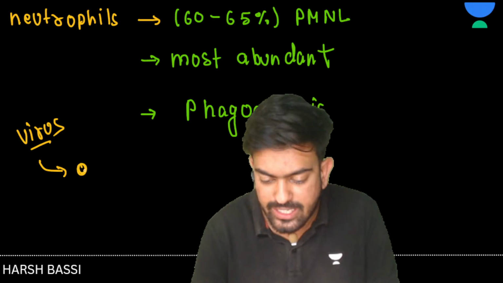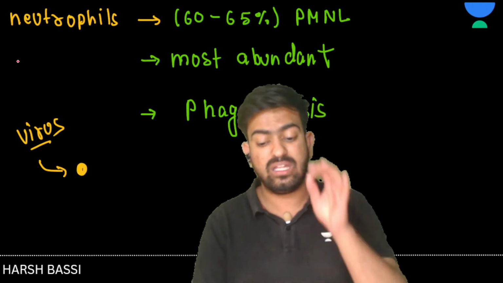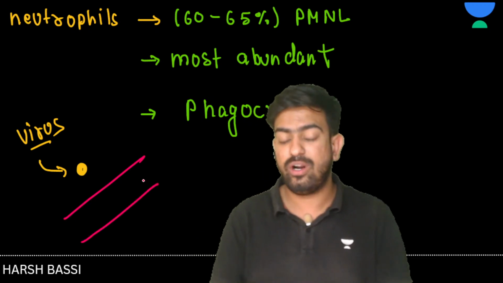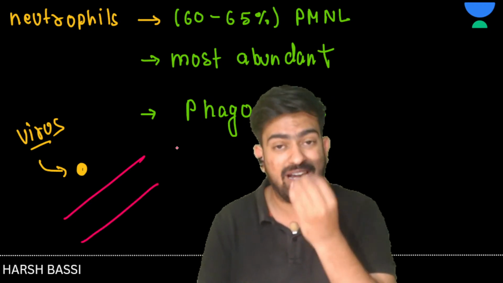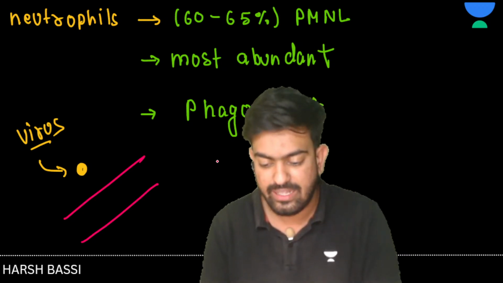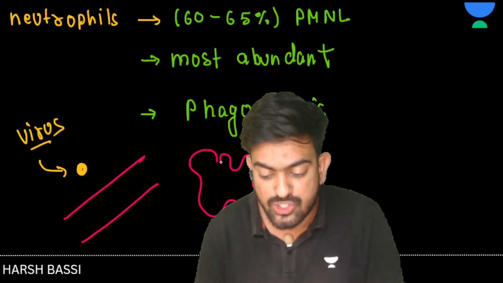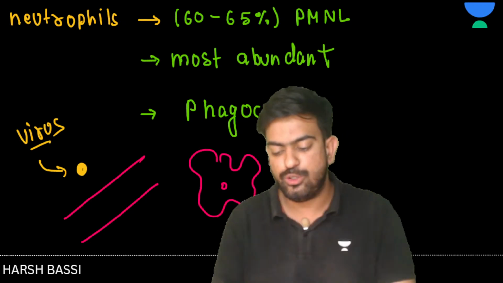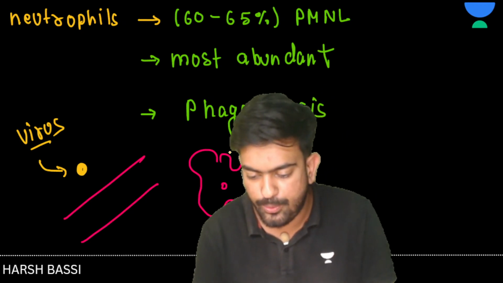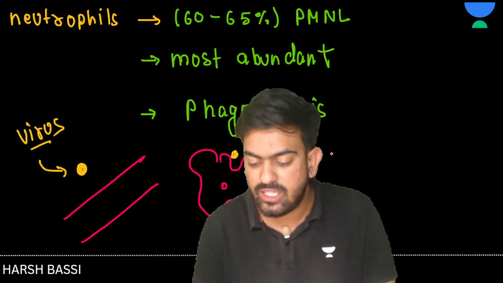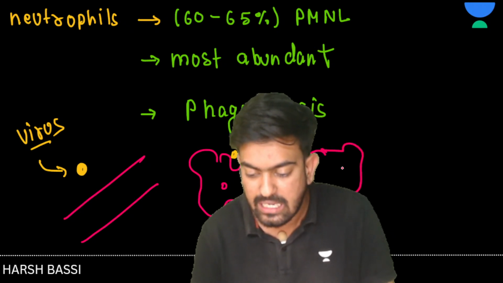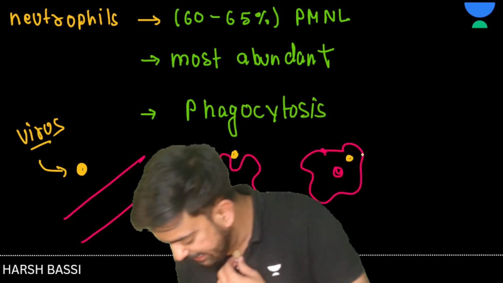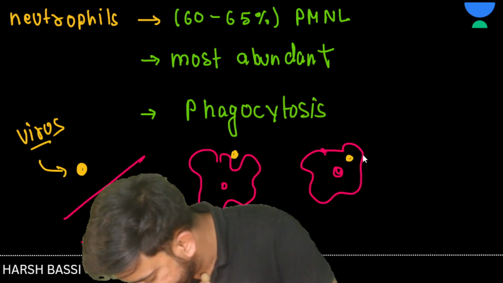When it entered inside your body, these neutrophils, these WBCs got a signal, and they kill these viruses and bacteria by engulfing them. Just like an amoeba, they will capture these pathogens through their pseudopodia, and finally they will digest them.